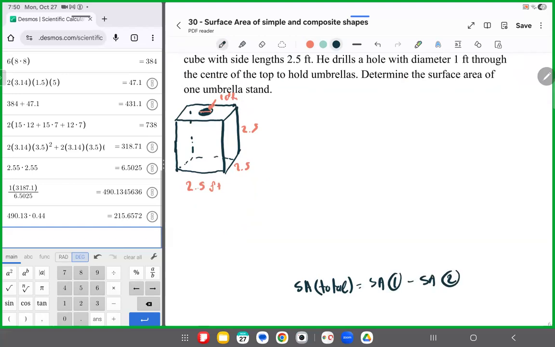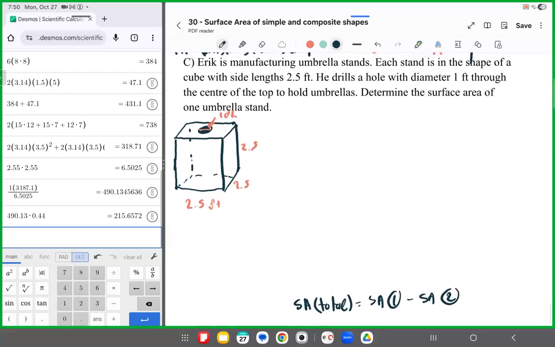We're not worried about the thickness of the circle. We just worried about how much circle's on top. Okay. So surface area of the first shape is just a rectangular prism. And the surface area of the second shape was a circle.